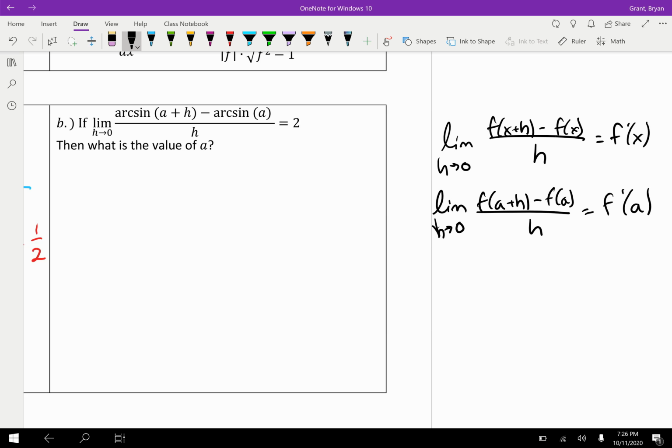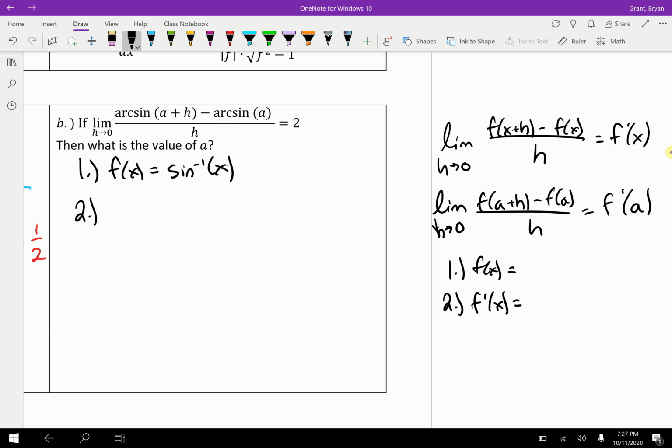We are first going to identify what is, I'll write this down here, what is f of x? Well, looking at this, hopefully we can see that if these were x's in here, that f of x is going to be the inverse sine of x. So first step is we know that f of x is the inverse sine of x. Okay, second step, we're going to find f prime of x.